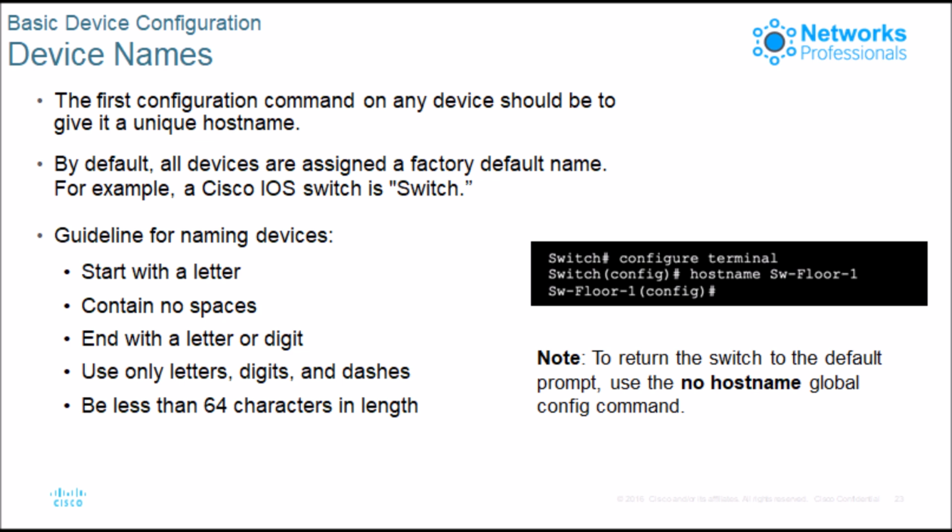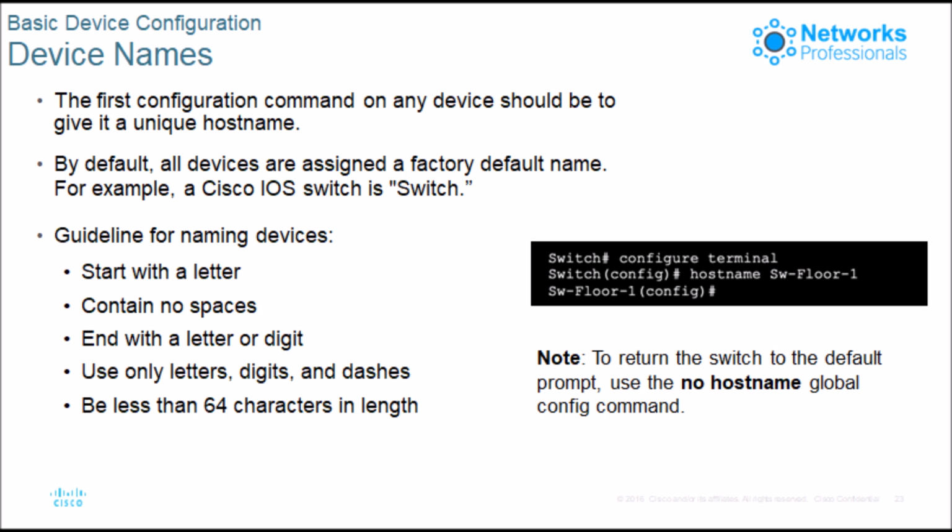For configuring a host name on a newly accessed device, first enter enable. If you are in user mode, you will go into the privileged exec mode, and then enter the configure terminal command. Thus you will reach global configuration mode.